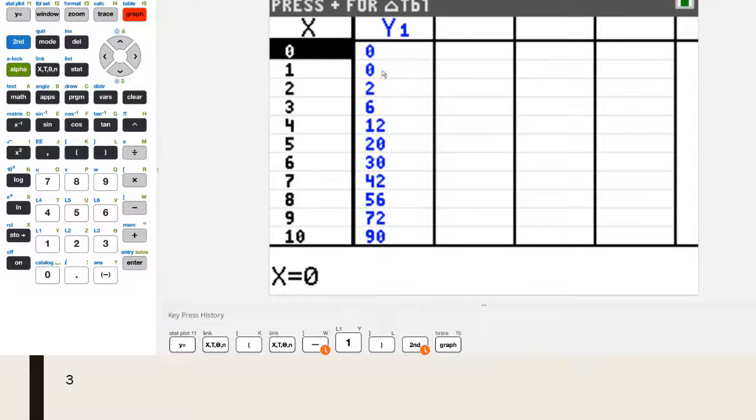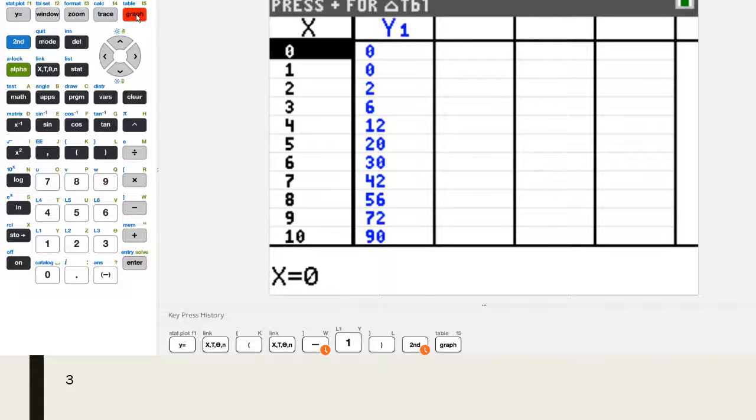If you look in your calculator, you'll find out that the first value is 0. That means the first x value is 0, and the second x value is 1, because for both of these x values, we have y equal to 0.